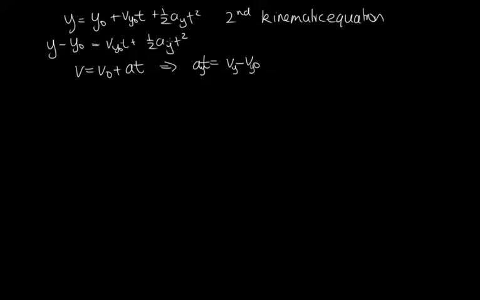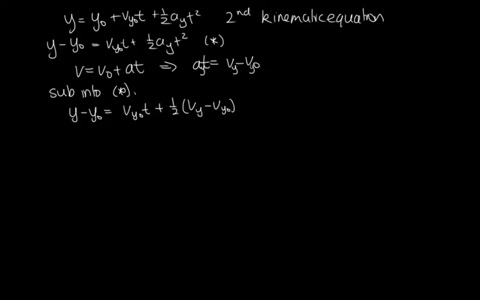Okay, so we're going to substitute that in there. Let's call this one star and sub into star. So we've got y minus y naught is equal to vy naught t plus a half. Now we replace one of these ayt's with vy minus vy naught, and then we're still left with one t.